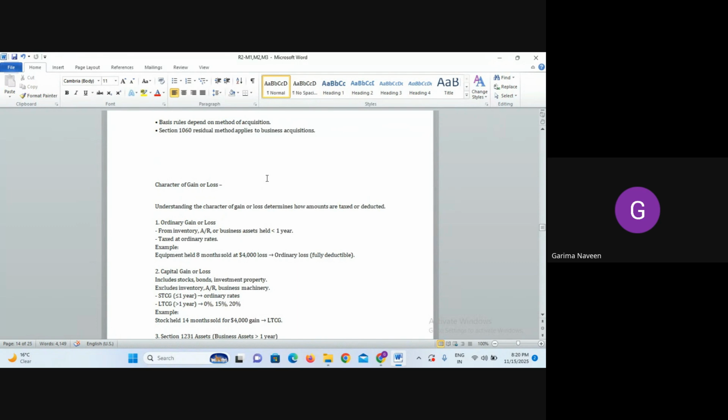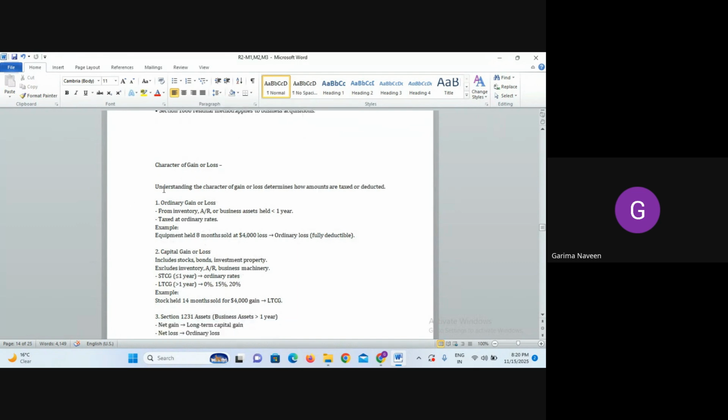But if you have some ordinary income property, or property which you are using in a business, then it will be classified as ordinary income property, and any gain and loss will be classified under ordinary income and losses.